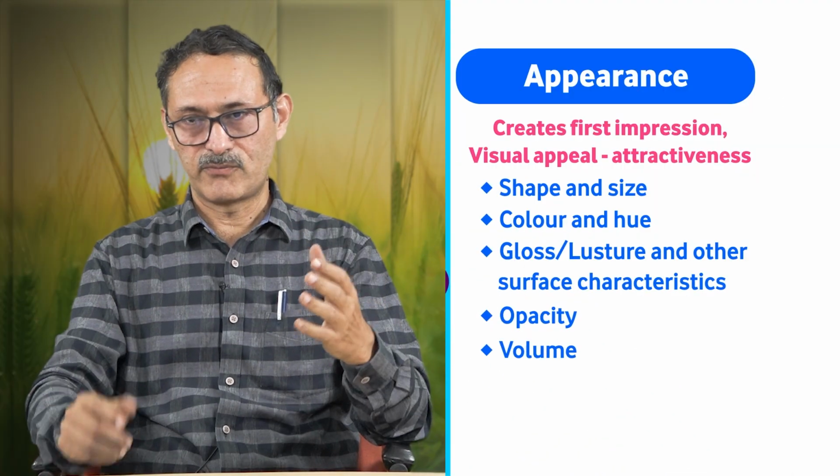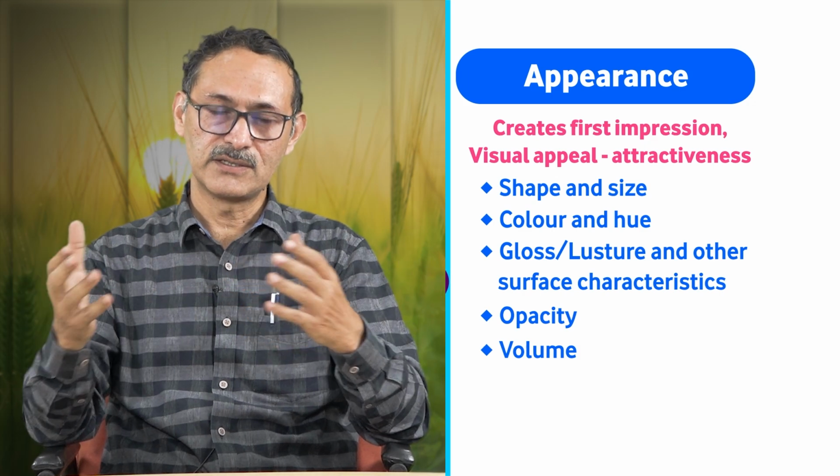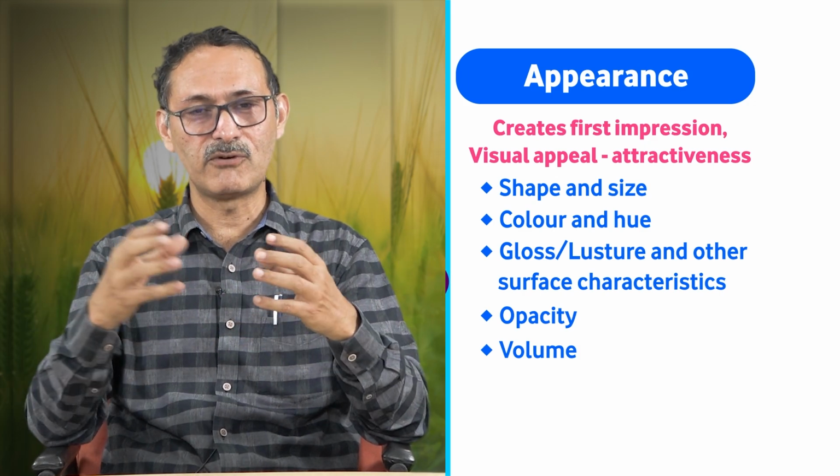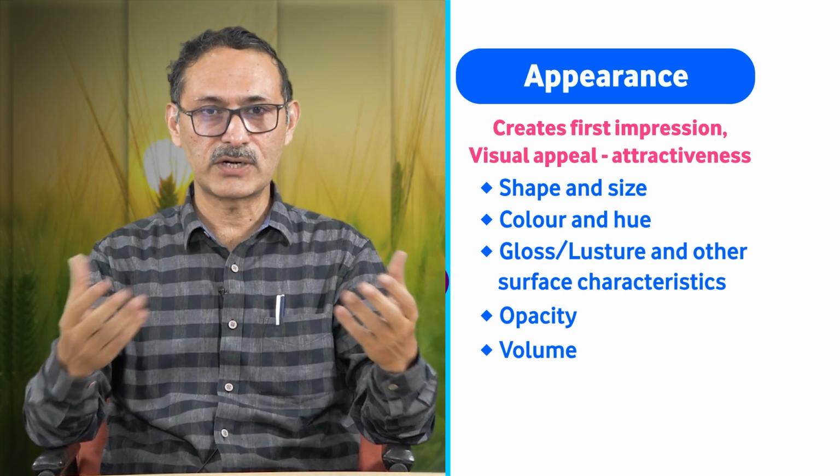If you are buying bananas, in terms of size you will prefer a more voluminous banana compared to a smaller banana, if they are sold by number, not in kgs. That kind of judgment, that kind of evaluation, where human senses are involved, in very layman's language can be treated as sensory evaluation.